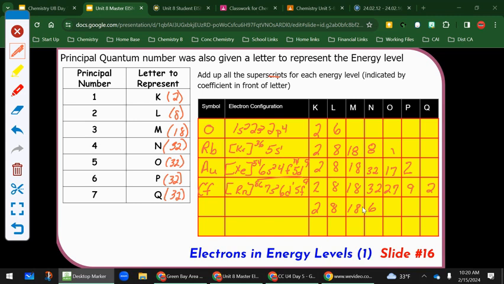How many are those? How many D's are there? 10. The orbitals are always half the total number of electrons. There's 10 electrons.